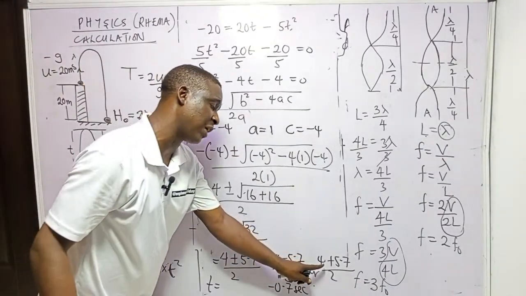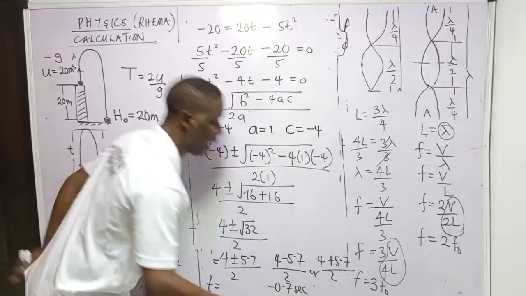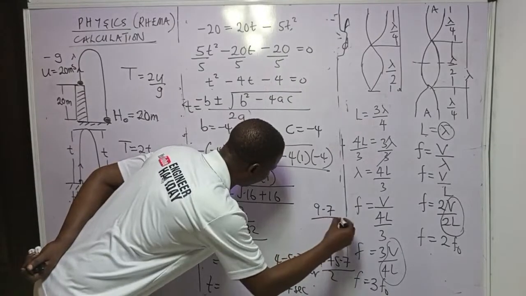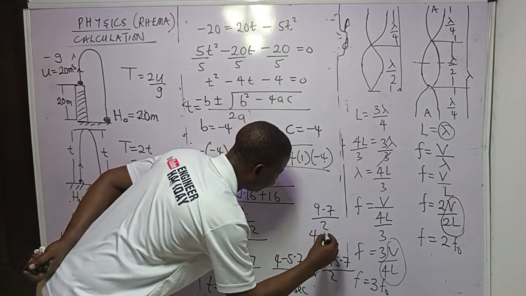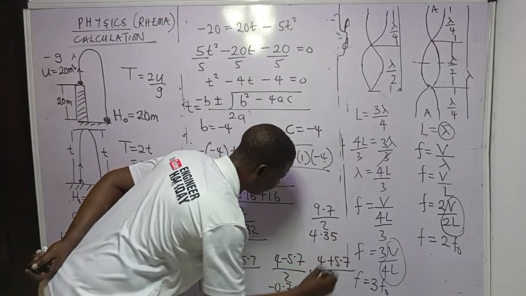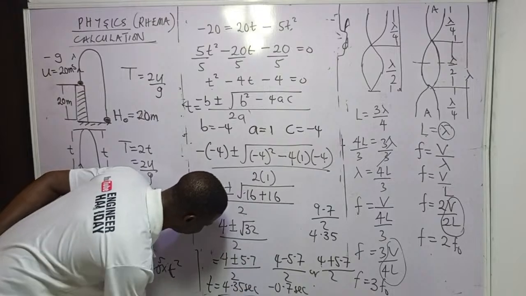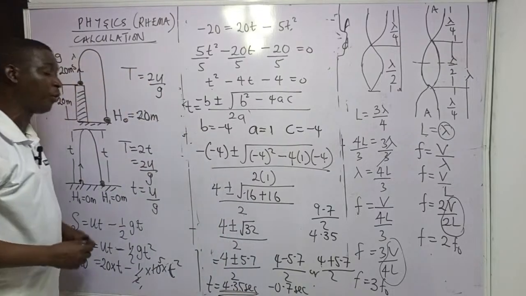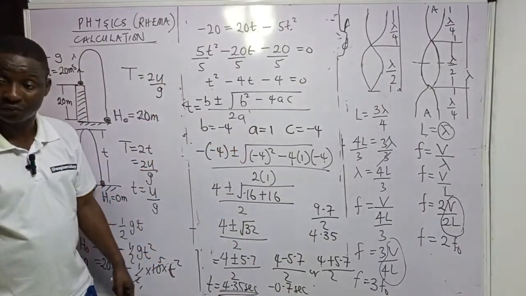But if we divide 4 plus 5.7, which is 9.7, by 2, that will give us 4.85 seconds. And this one will be the time, because it is not possible for time to be negative. So time will always be positive.